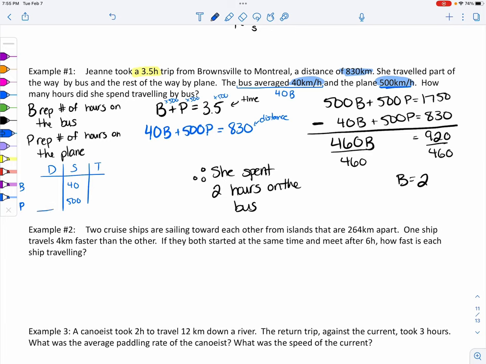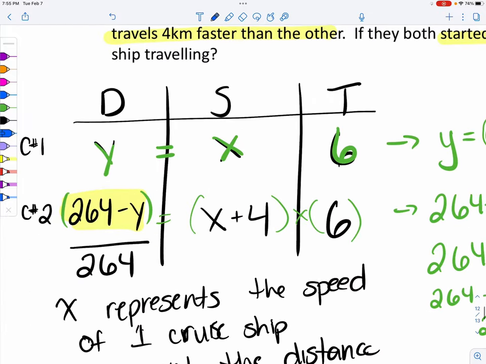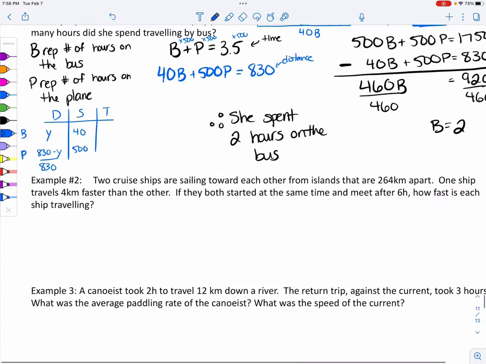The total distance was 830. We don't know the difference in how much the bus and how much the plane was, so I could use a variable. I could say y is the distance on the bus, and just like on that last one, if the total is 830, the plane then would be 830 minus y, in the same way we had that yellow highlighted section.